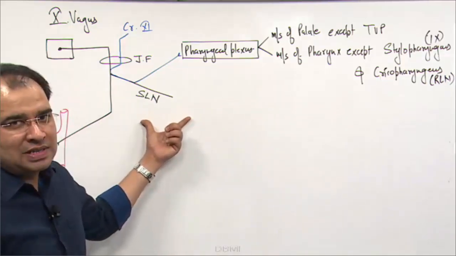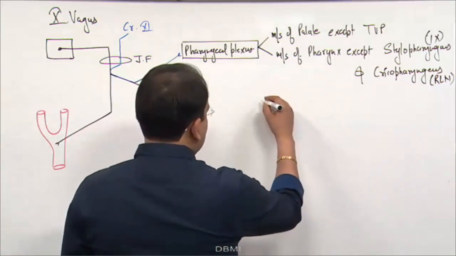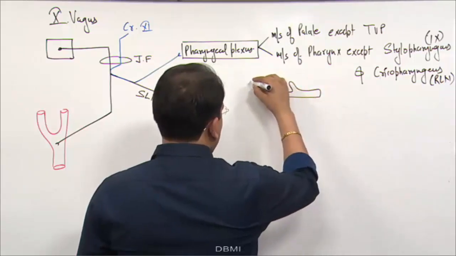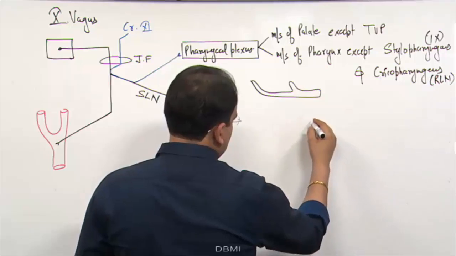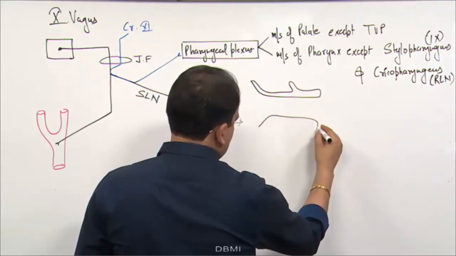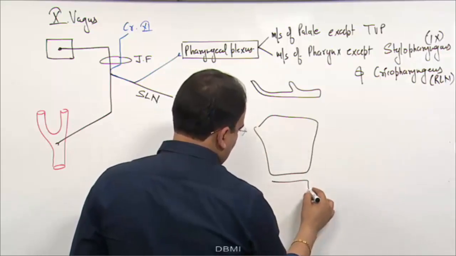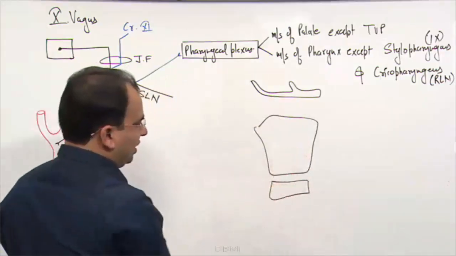To talk more about this superior laryngeal nerve, now I need to look into the midline structures here, guys. Let's say this is the hyoid bone here, there is a thyroid cartilage, and let's say this is the cricoid cartilage. Just roughly this is hyoid, thyroid and cricoid.